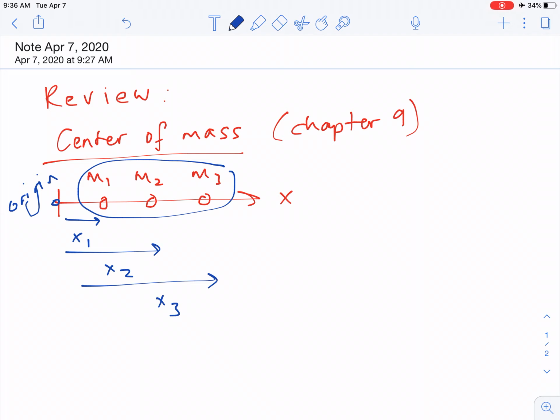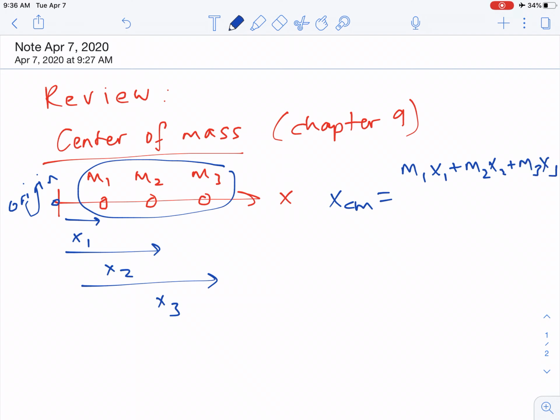And so the topic is very intuitive, but in 3 dimensions things may get a little bit more complicated. Sometimes we may not find it without solving correctly. So we need to understand how to solve things, okay? So we use x center of mass as, for this case, we multiply m1 with its position x1, and then m2 with x2, and then m3 with x3, right?